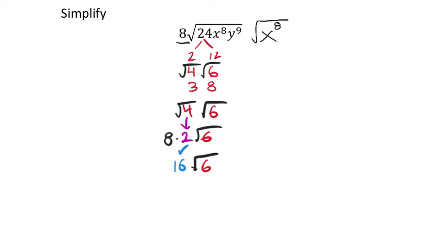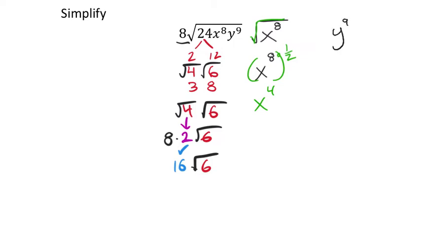Square root of x to the power of 8, which is really x to the power of 8, but that square root makes it to the power of 1/2. Now for me, I would just see that as x to the power of 8 divided by 2, which then gives me x to the power of 4. Okay, because we can multiply those 2 exponents, and that x to the power of 4 is legit. It's by itself. It's not in a square root anymore. That has been simplified. Now that's the x's, but then the y's.